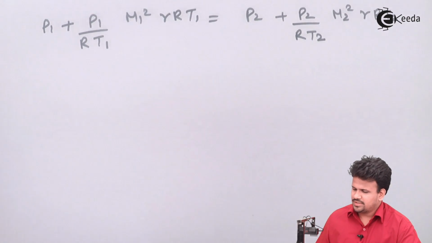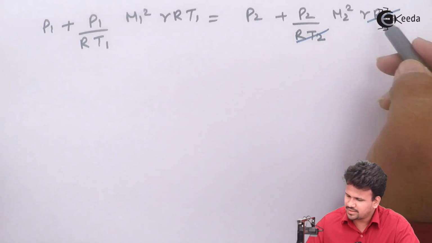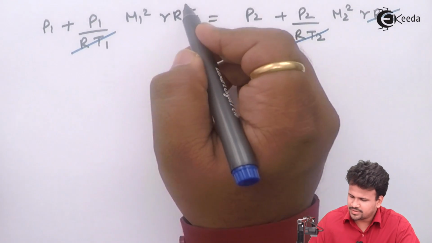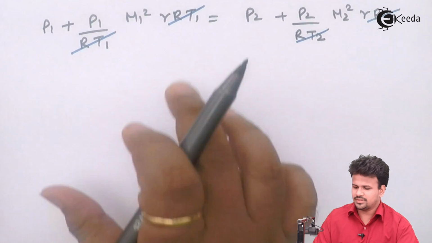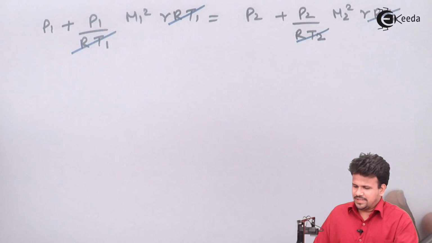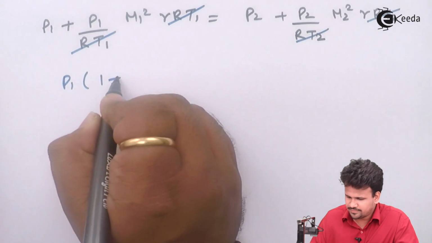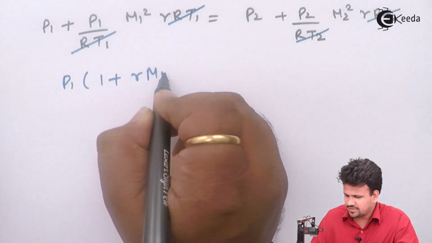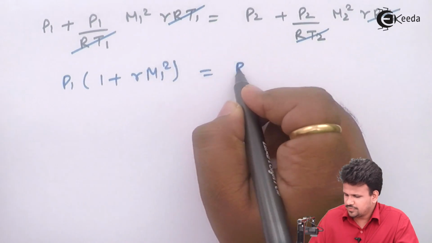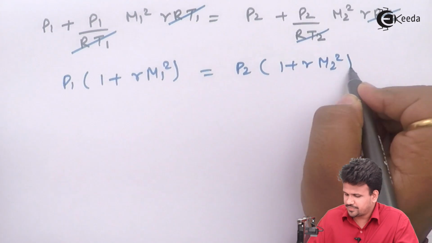So over here the values of gamma R into T1 and gamma R into T2 will go away, and we will be left with P1 common into 1 plus gamma into M1 square is equal to P2 common into 1 plus gamma into M2 square.